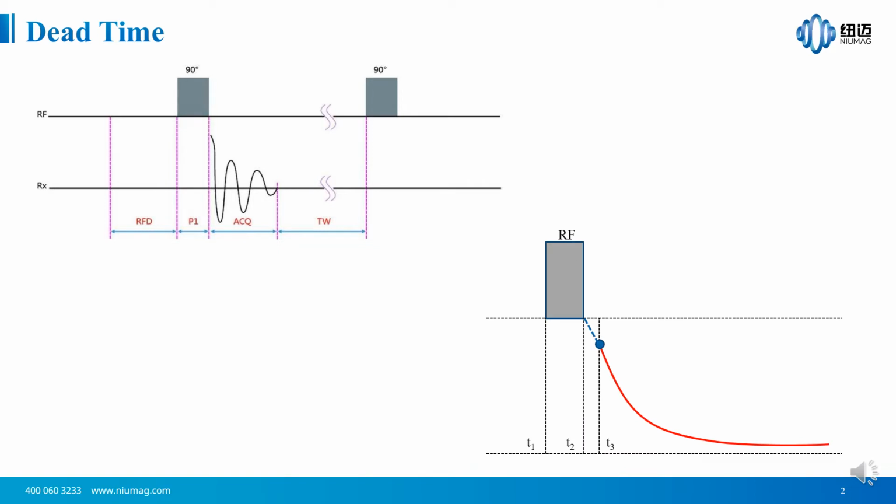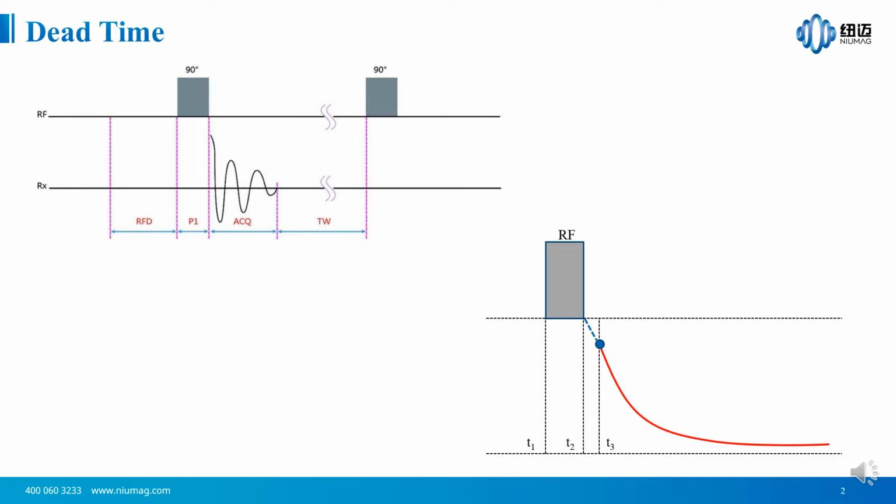The 90-degree pulse is applied at the time t1 and ends at the time t2. This time includes the coil ringing and the reception waiting time.